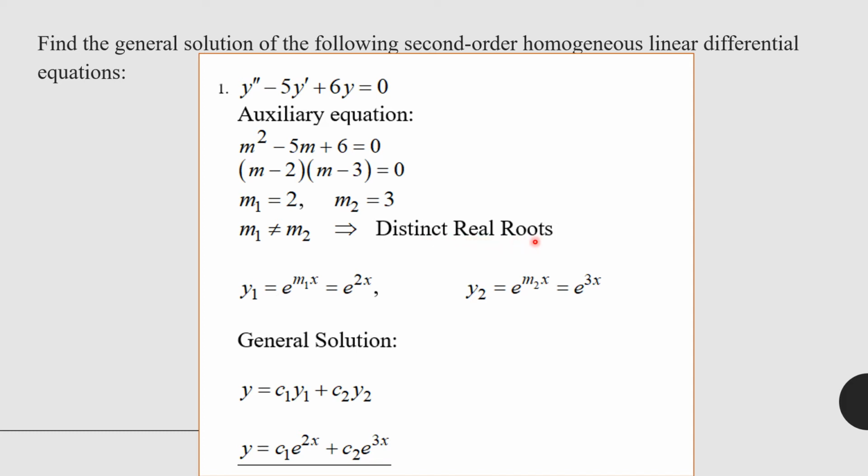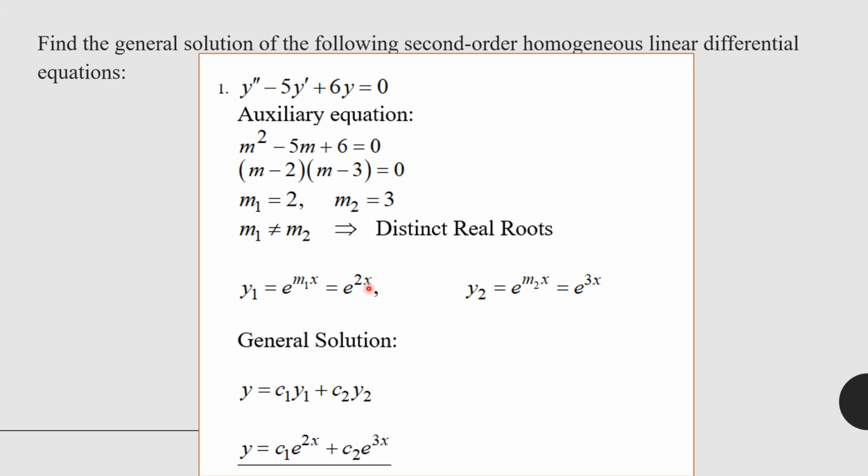Case number 1, m1 is not equal to m2. Now since the first root is a real number, we look back at case number 1. If the root is a real number, the solution will be written as y1 equals e to the m1x. Now you substitute m1 by 2, so y1 is equal to e to the power of 2x.